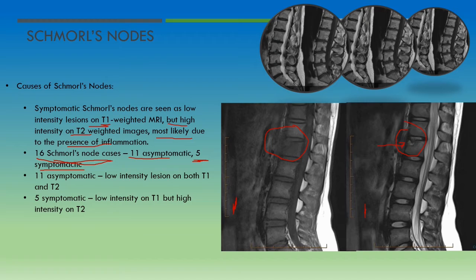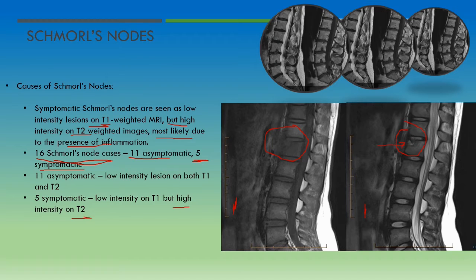Of the asymptomatic cases, every single one of them had a low-intensity lesion on both T1 and T2, and in the symptomatic cases, every single one had a high-intensity lesion on T2 weighted imaging. So MRI appears to be particularly sensitive to differentiating between symptomatic versus asymptomatic Schmorl's nodes, and this may be a diagnostic tool that you may employ in those cases where your examinee complains of back pain symptoms and also has the presence of Schmorl's nodes on diagnostic studies.